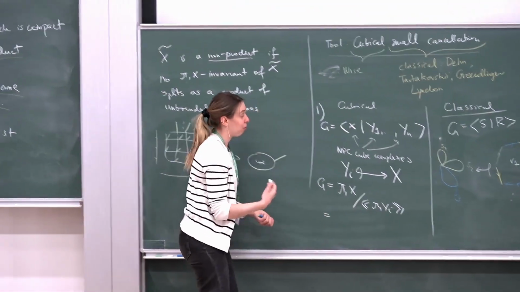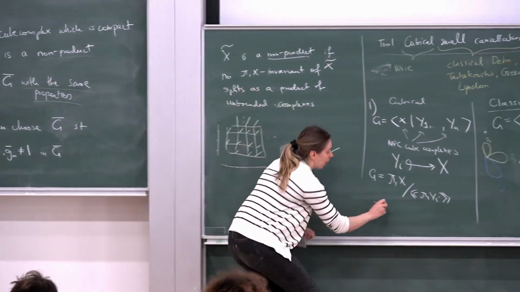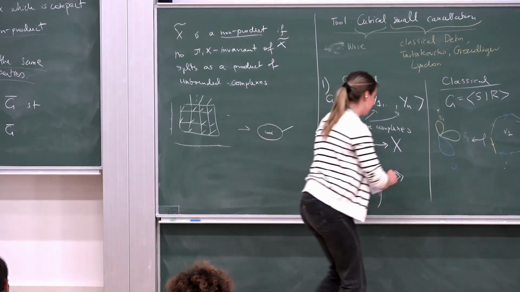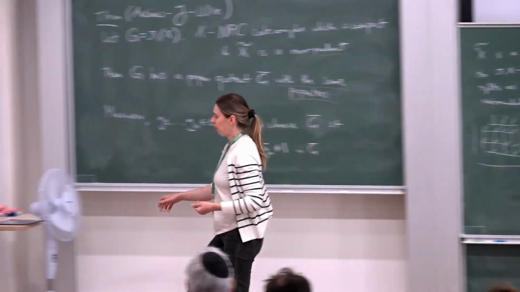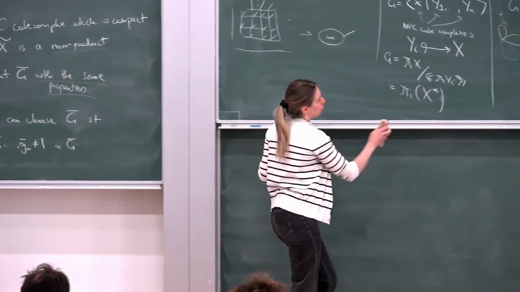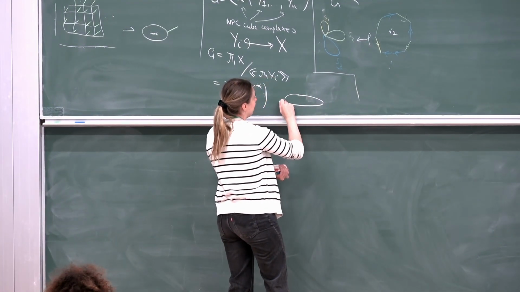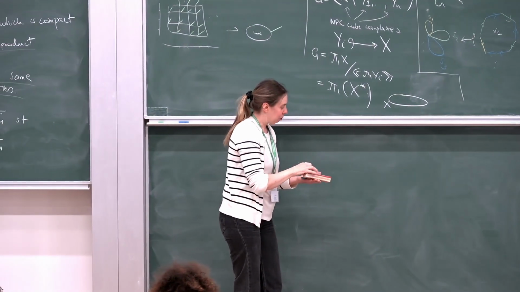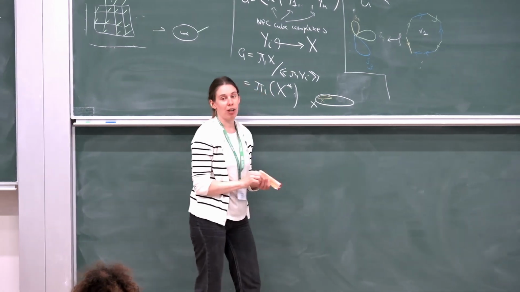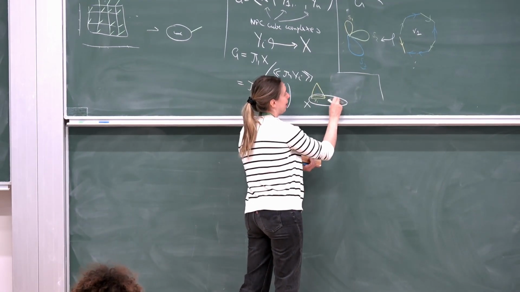Another way of writing the same thing is by constructing an object whose fundamental group this is, and I'm going to denote it by X star. I'll use a little bit of space here to draw it. What you should imagine is that we have our X, and we have the Yi's somewhere in X, and we're just looking at a cone over each Yi.